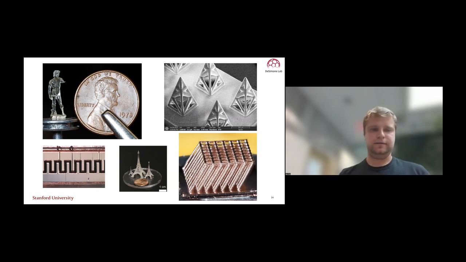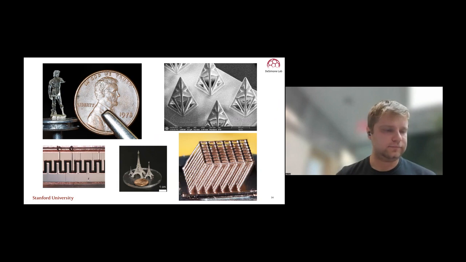So here are some parts that we were able to produce, and this is interesting to us in applications for medicine and for microelectronics.